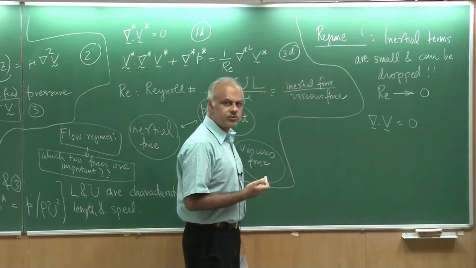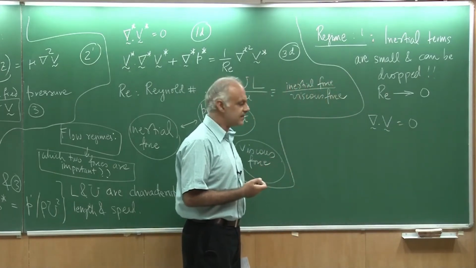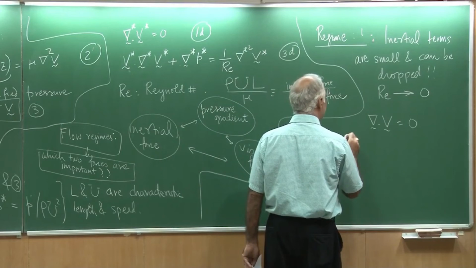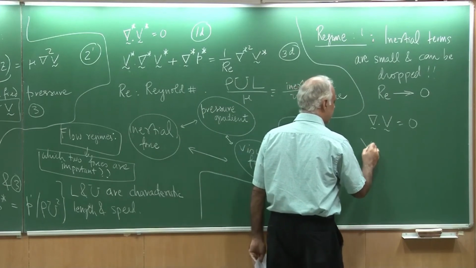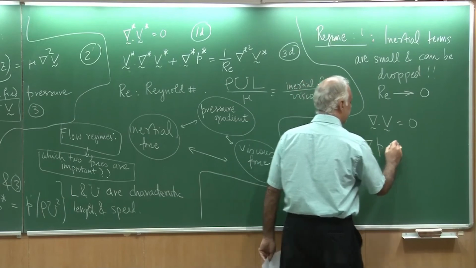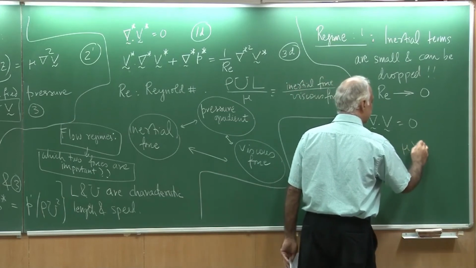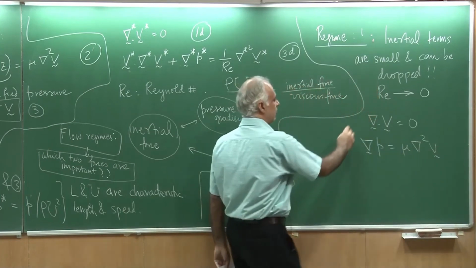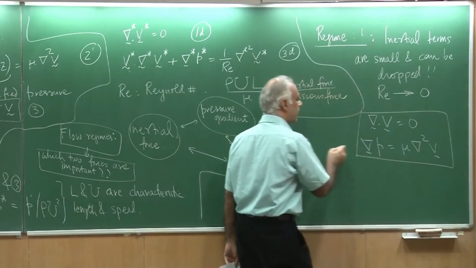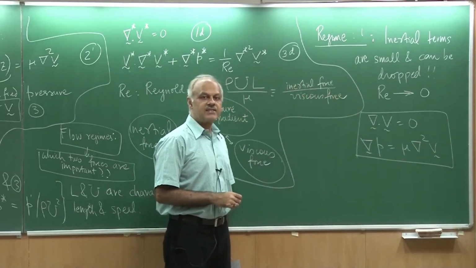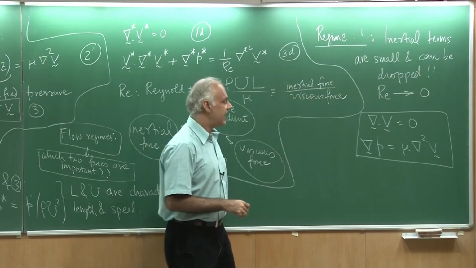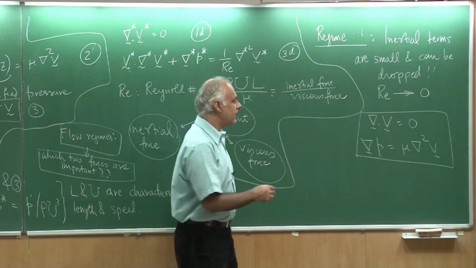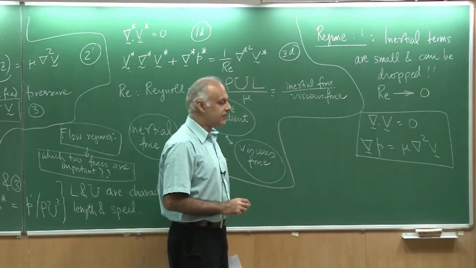So, I am going back now to my dimensional equations, and then my momentum equation, essentially I do not have to take the inertial term, and I would get gradient of P is essentially mu times Laplacian of V. So, this is an approximation that I can take if my Reynolds number is very small, and if it is identically 0, then of course these are exact solutions. If it is small but not 0, then this is an approximation. I am neglecting the inertial term.